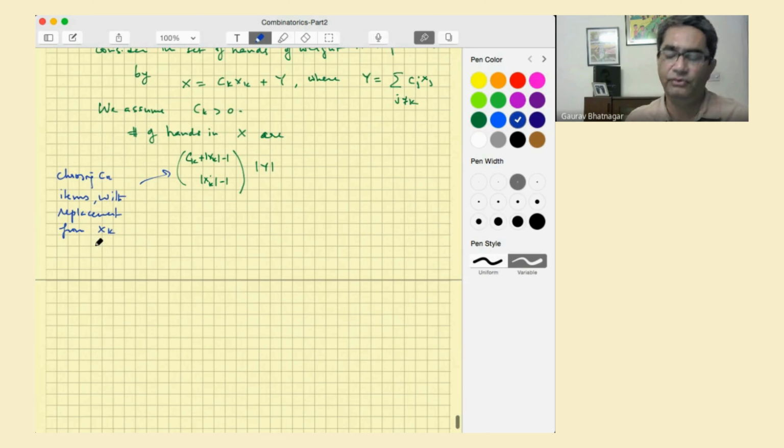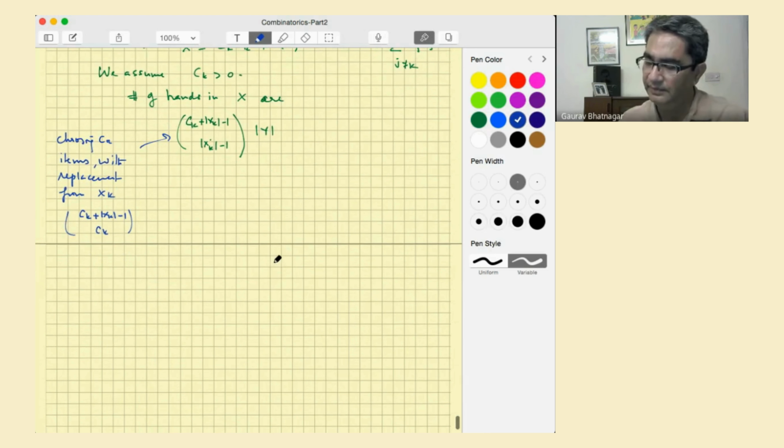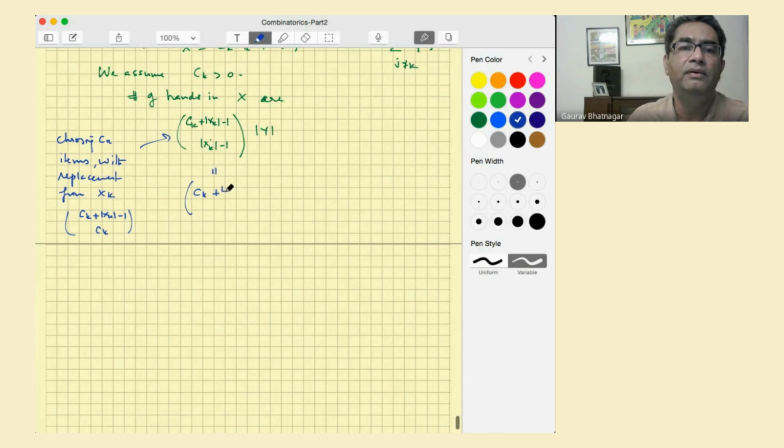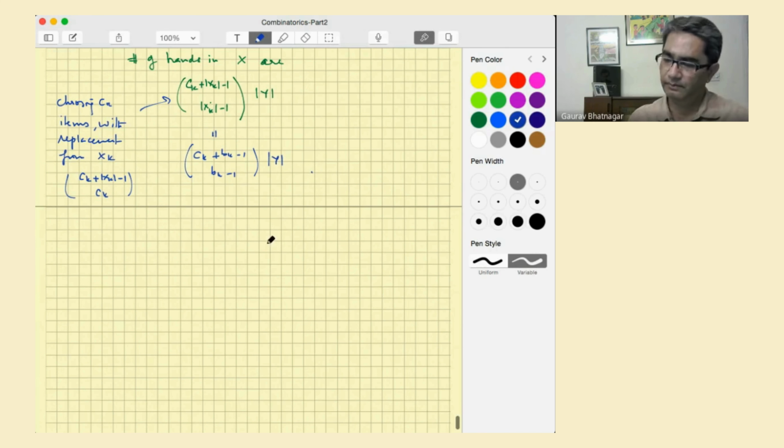If you remember the formula, it was in your homework, it was c_k plus x_k minus 1 choose c_k. And that's the same as this. Essentially this, I'm going to replace it by b_k now: b_k minus 1, c_k.